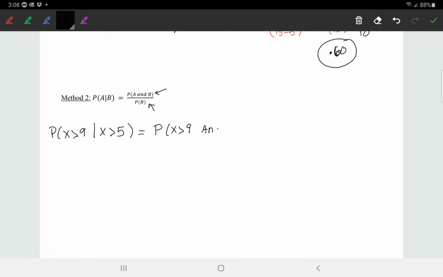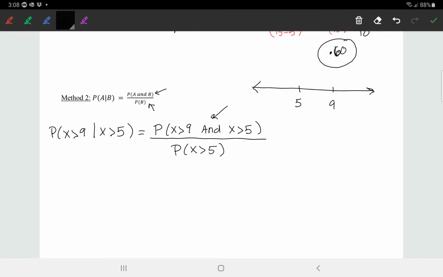and we have to determine the second event, which is x being greater than or equal to 5, and then we will divide that by the probability that x is greater than or equal to 5. So you might think to yourself, well, what is this? Where is x both greater than 5 and x greater than 9? Well, here's 5 and here's 9, right?